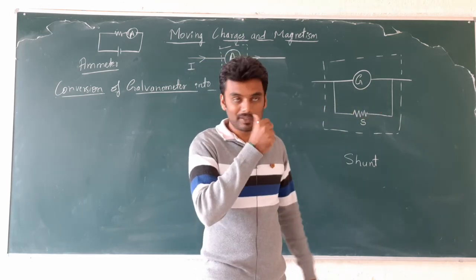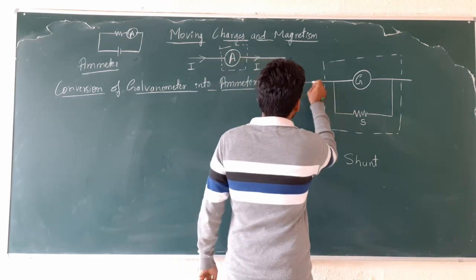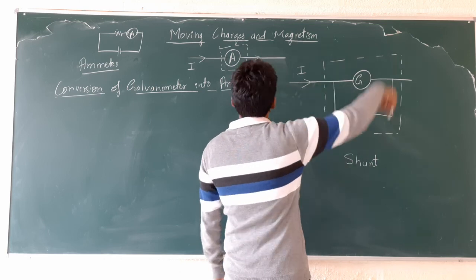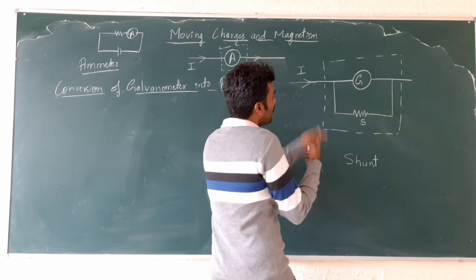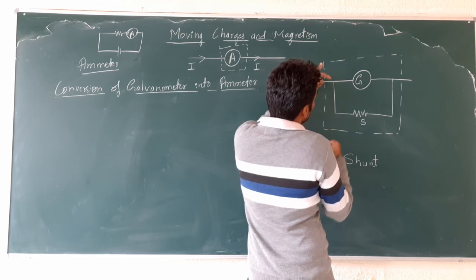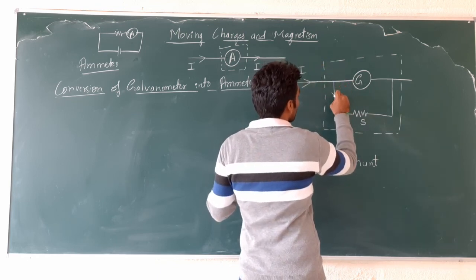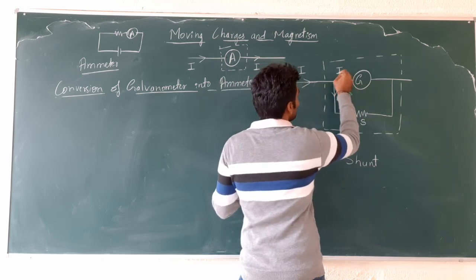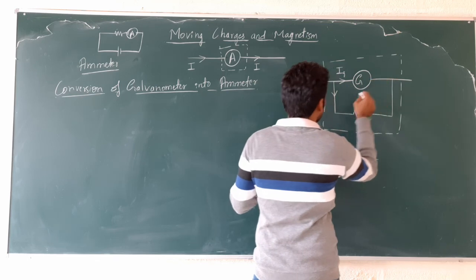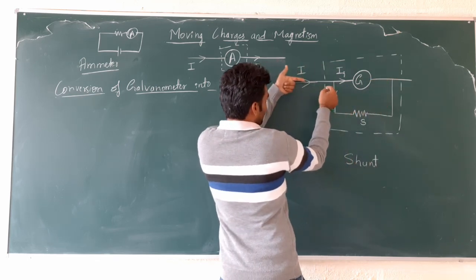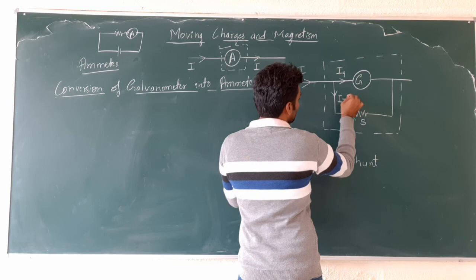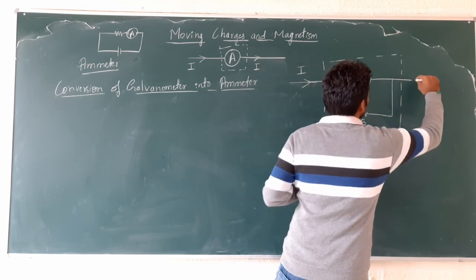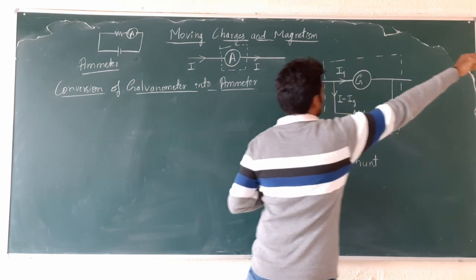See now what happens is, just try to imagine I is the total current flowing through the ammeter. This together, everything is ammeter now. So this current I splits from this point, and say Ig is the current that flows through the galvanometer, and the remaining current of I, which will be I minus Ig, will flow through the shunt resistance, and hence the current will become I again and flow through the circuit.